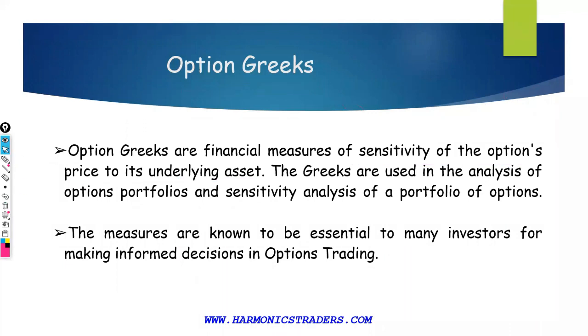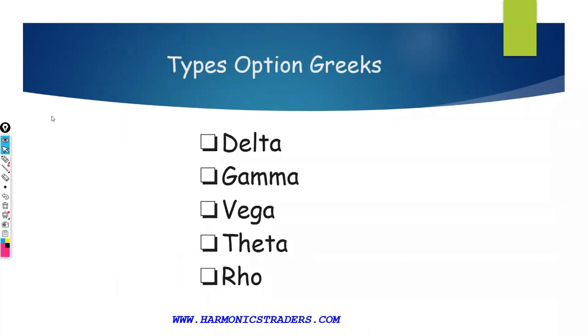If you are holding, let us say, 1,000 quantity of stock in cash, and let us say that is the lot size, you could go with selling a CE 10% above. So there are a lot of advantages once you know the option Greeks. These are the option Greeks which we are going to discuss.